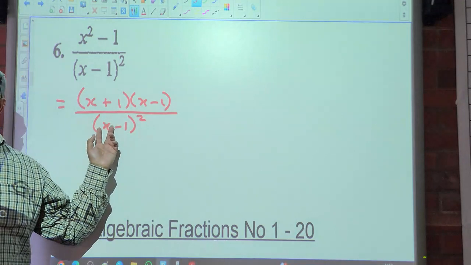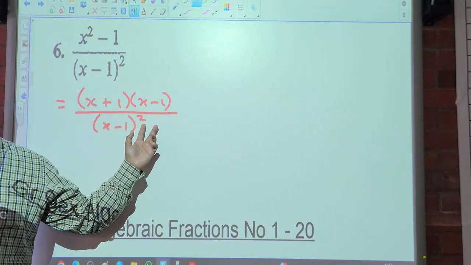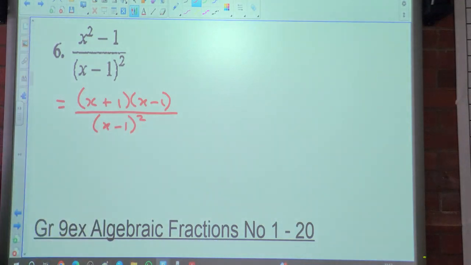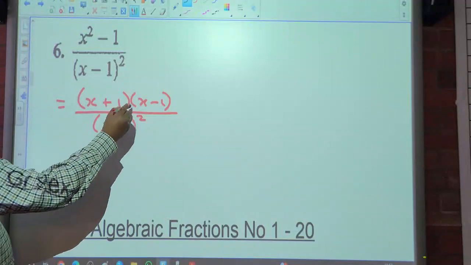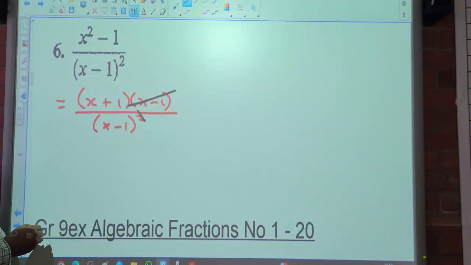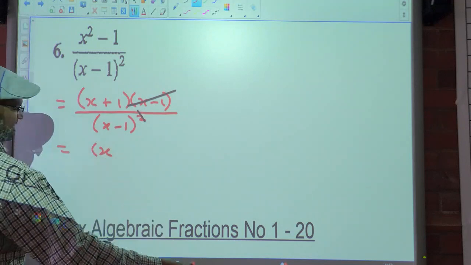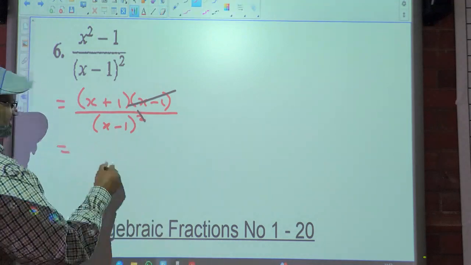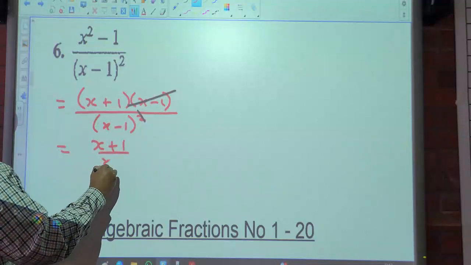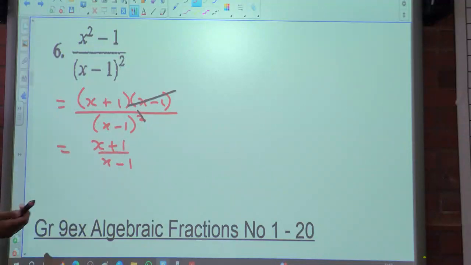So it's x minus 1 times x minus 1. Okay? So what happens now? X minus 1 cancels one of those two. This now gives me x plus 1 over x minus 1. And I don't need that bracket in, because there's nothing bounding that bracket up.